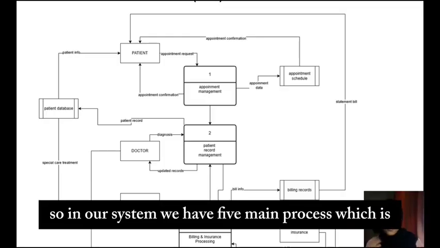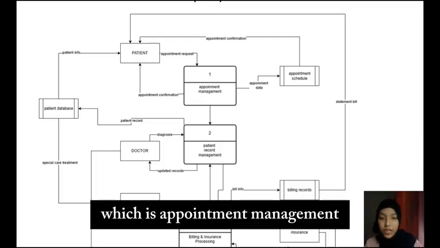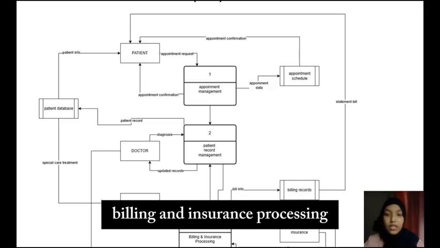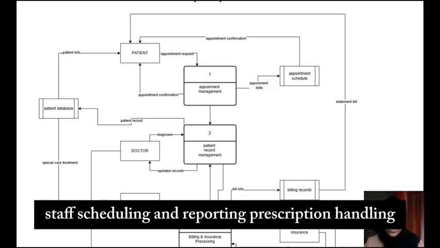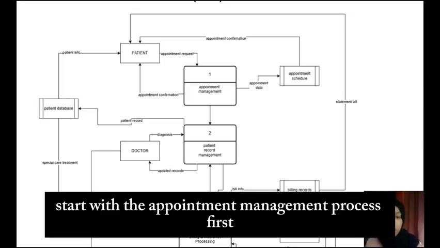In our system, we have 5 main processes: appointment management, patient record management, billing and insurance processing, staff scheduling and reporting, and prescription handling. I will start with the appointment management process first.